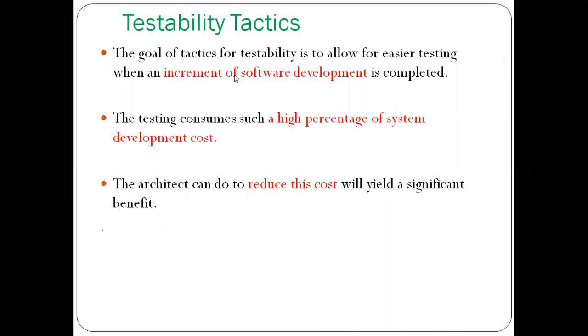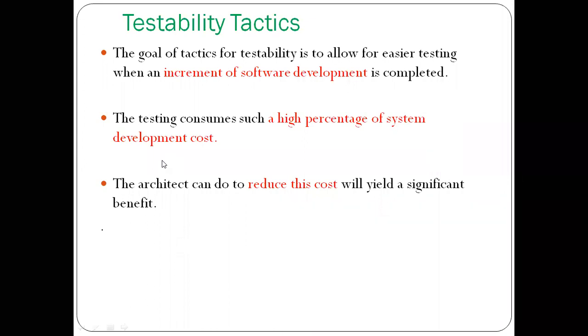The goal of tactics for testability is to allow for easier testing when an increment of software development is completed. Testing happens after completion of the software. Testing consumes a high percentage of system development cost.